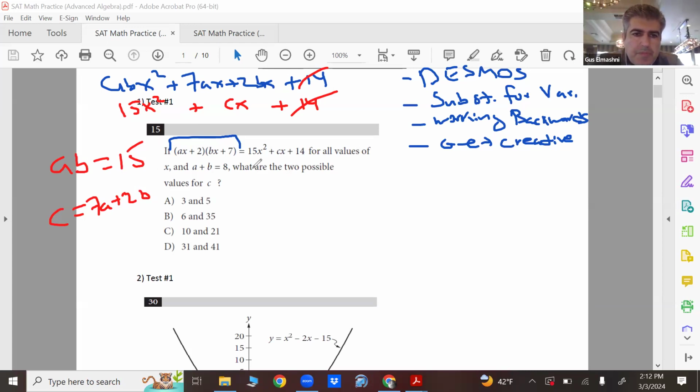Well, if you think about it, A and B have to be 5 and 3, right? And that's getting a little creative, like realizing, oh yeah, A, B, and 15, those line up. 7a and 2b, those line up.